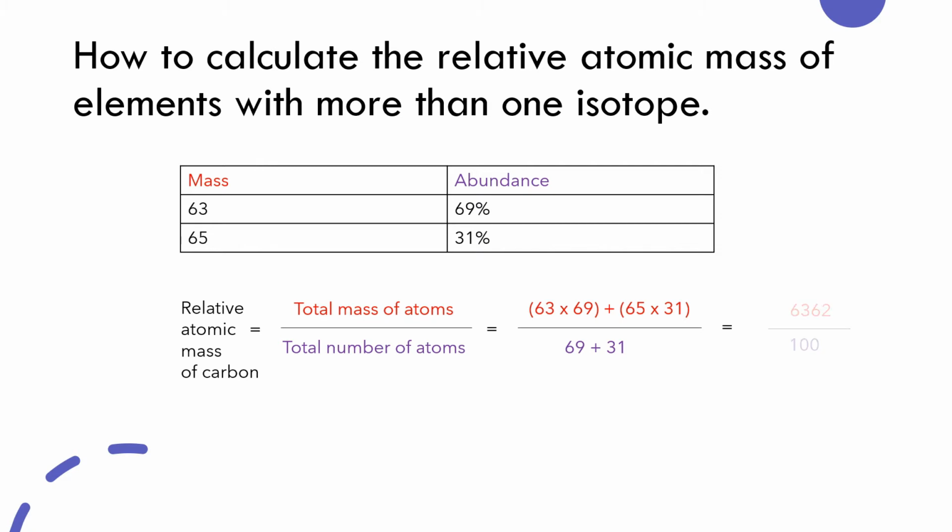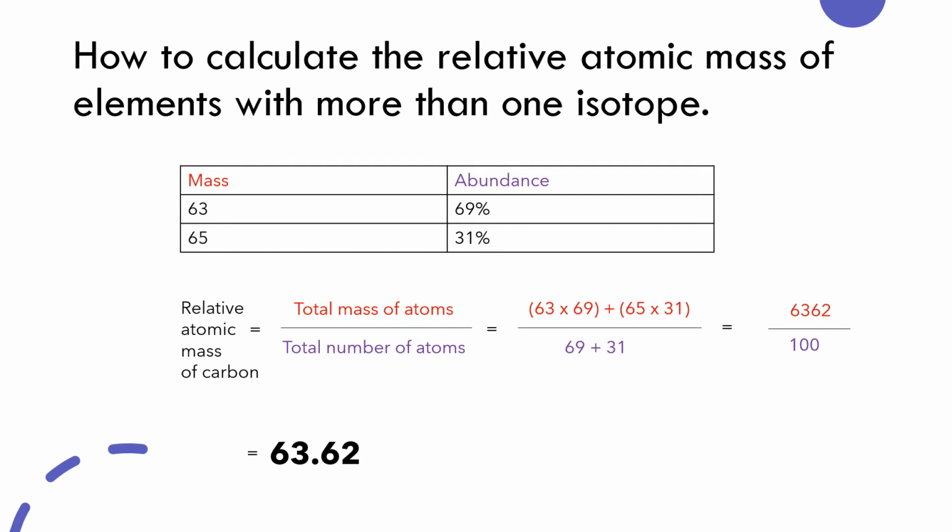Note that the abundance on the bottom will always be 100. It could be easier, rather than having to add them together, to just quickly know that it's always going to be 100. So the total mass of atoms is 6,362, and you divide that by 100, which equals 63.62. It is a very simple calculation. However, you can slip up with working out the total mass, so it is very important you follow this process.